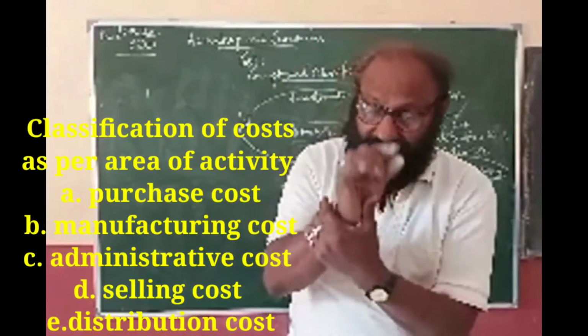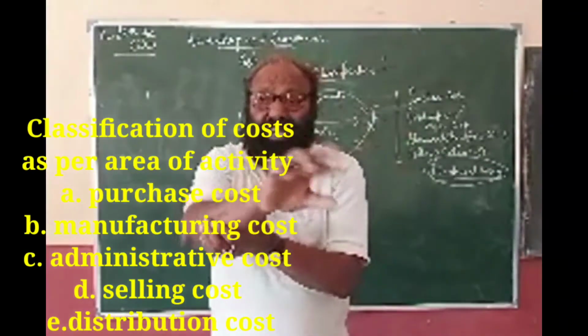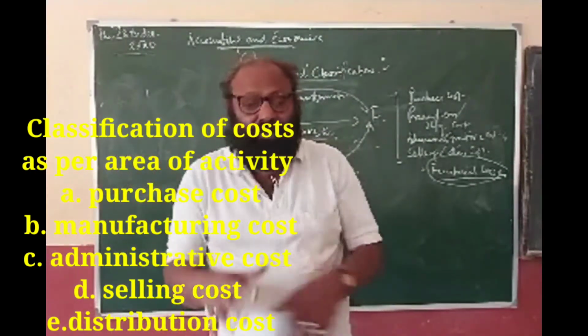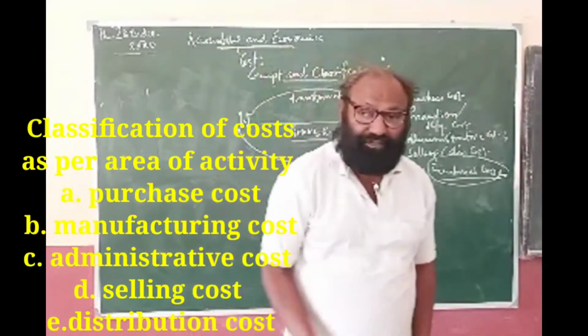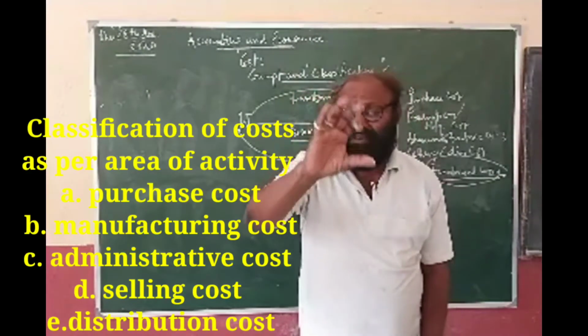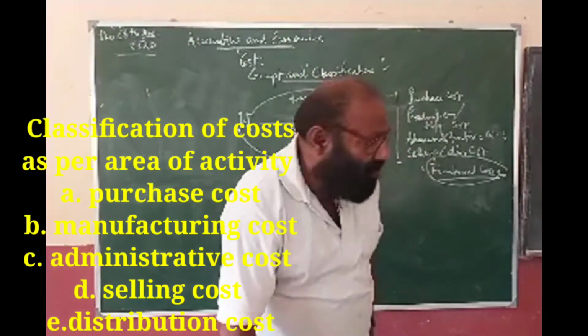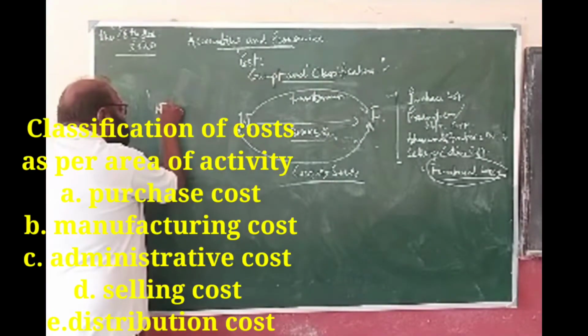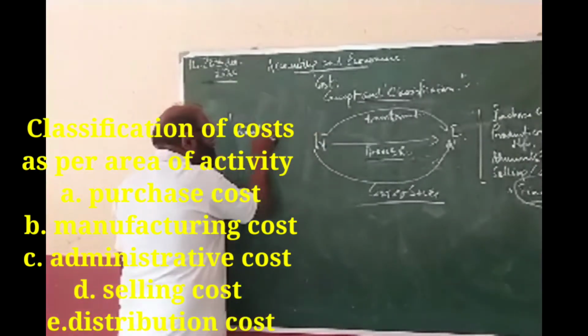Now these woods are being transformed. Say you are producing one almirah. What are the costs? First is wood, the quantum of wood.